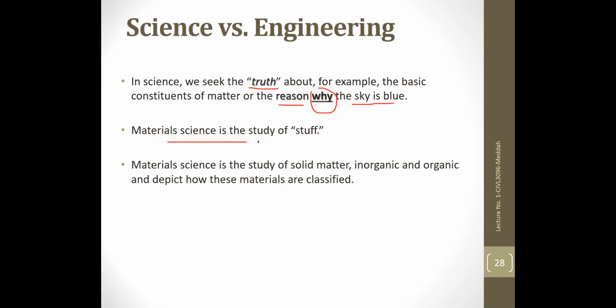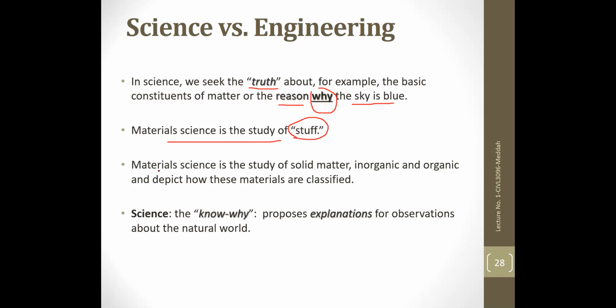So material science is a study of the stuff or the material itself. We are studying the material itself, the composition, the properties, and finding the why. Material science is the study of solid matter, organic and inorganic, and depicts how these materials are classified.